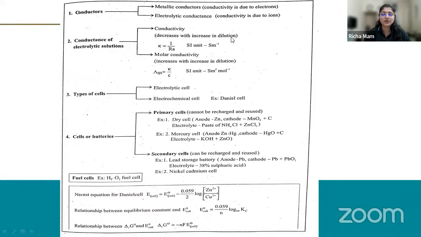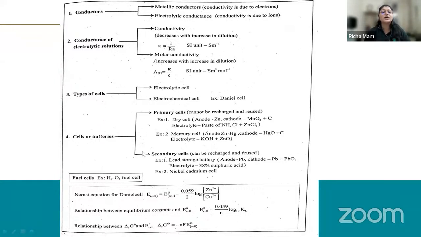When you add water to a concentrated solution, the solution gets diluted. In terms of electrolytic solution, specific conductivity decreases with increase in dilution.